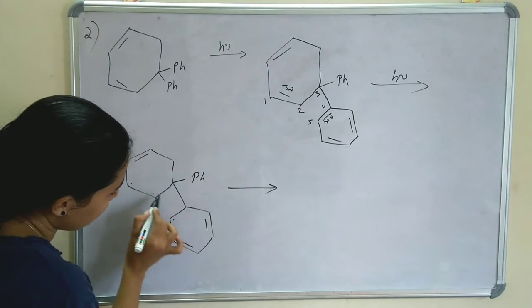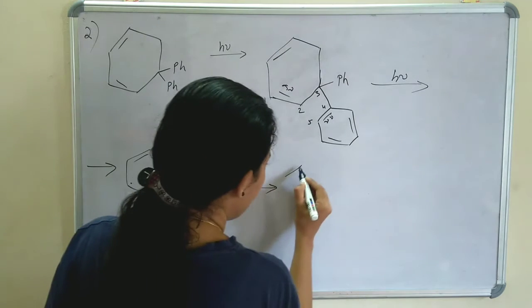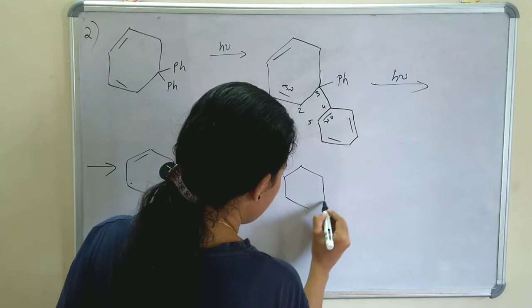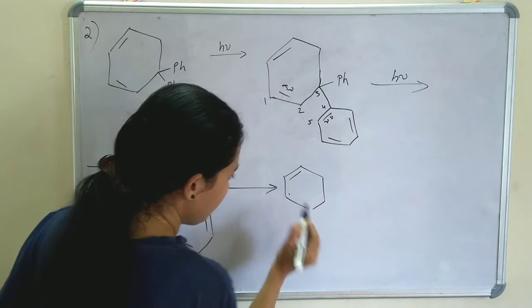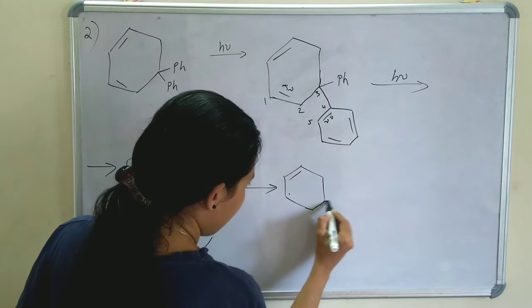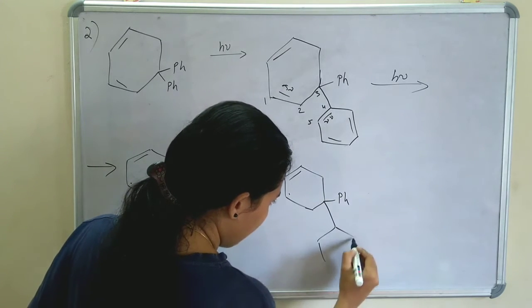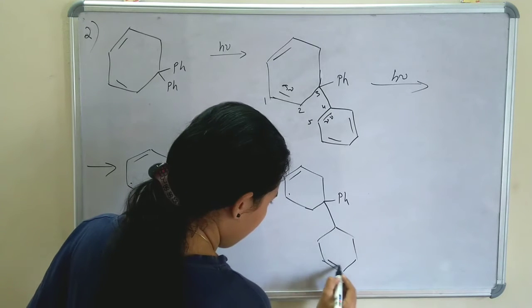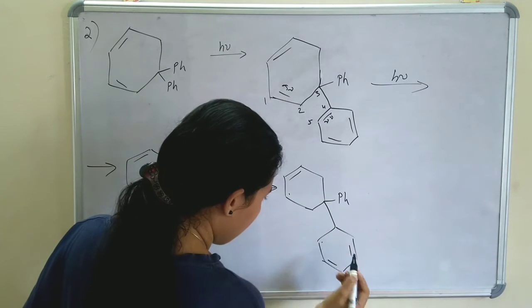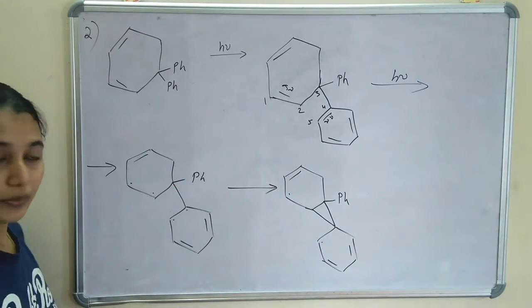By connecting this we can make a cyclopropane ring. 1, 2, 3. Here double bonds, here a radical, and here a Ph, here another phenyl ring, two double bonds, a radical, and this radical makes a cyclopropane ring.